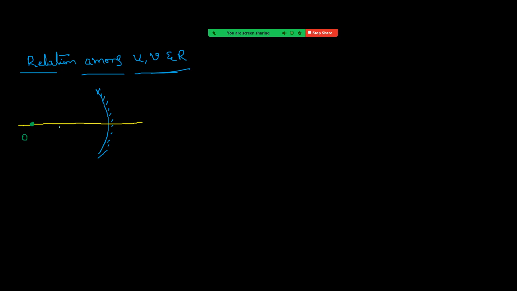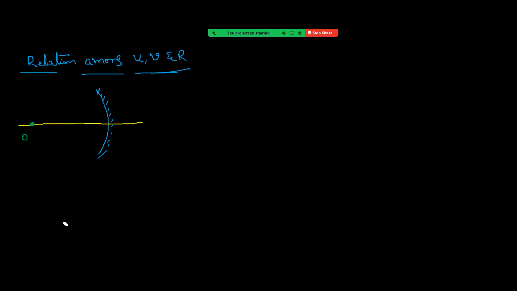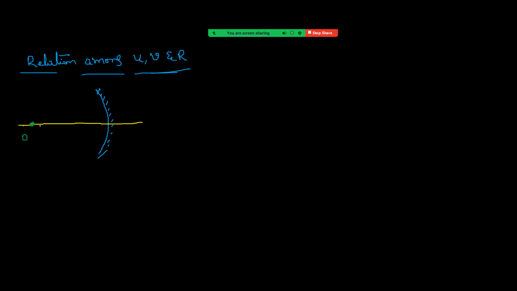O stands for the object. Now light rays are incident on the mirror. Let us draw once again. The light rays are incident on the mirror as a beam. After reflection, they are passing like this.